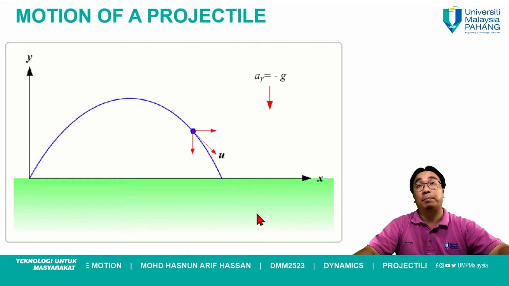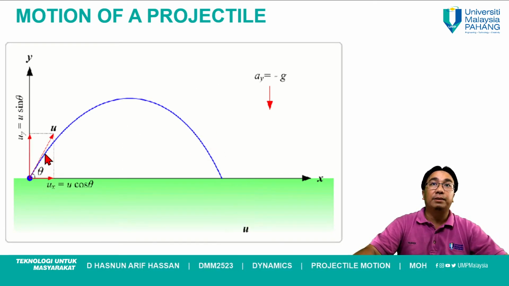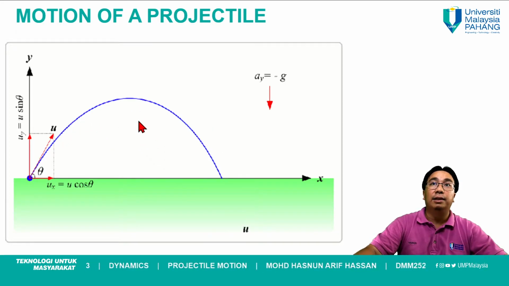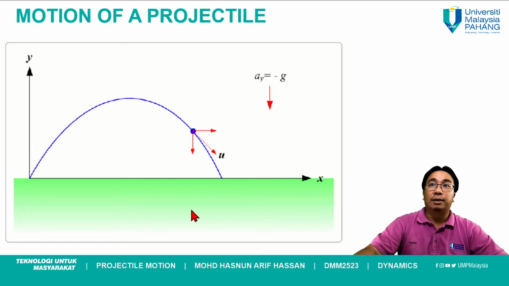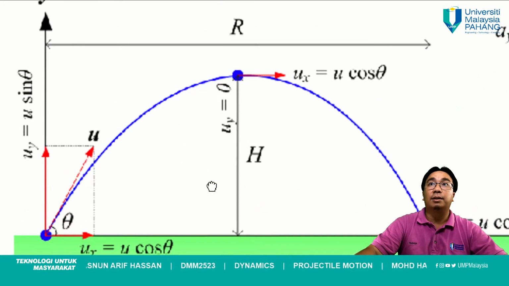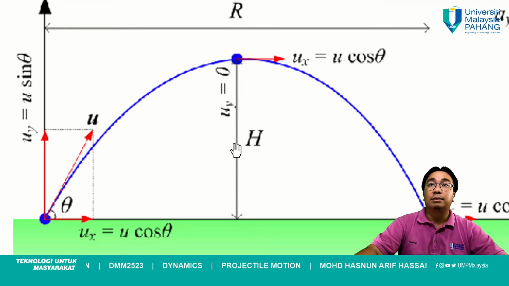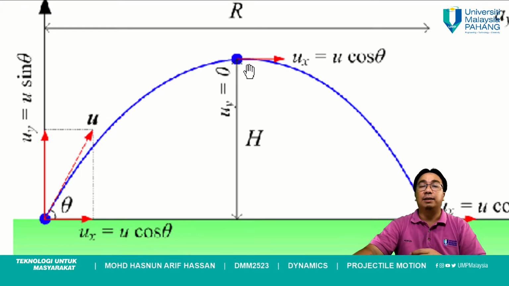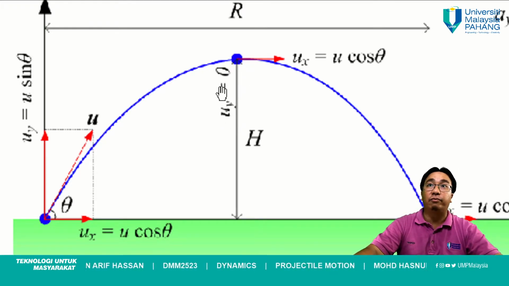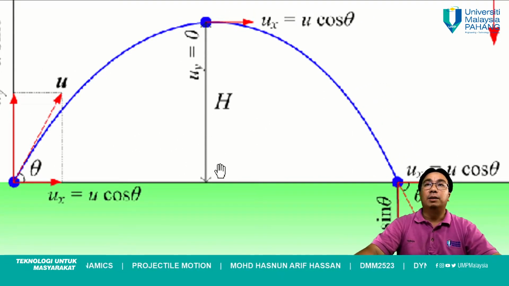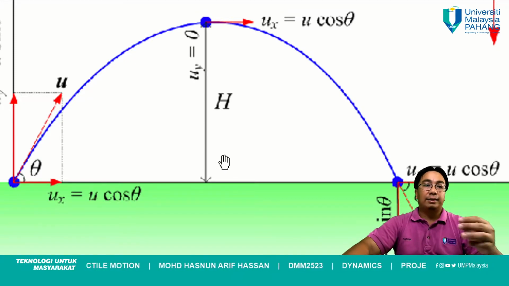Most of the time we use v. At every moment the velocity has components, except when it is at h. Let me pause the animation here. If I pause here, you can see at h, u is equal to vx, equal to the velocity at this moment. So there is no component in y. You see here it is written vy equals 0. At other times it has components. So this will be the peak value in the vertical axis.